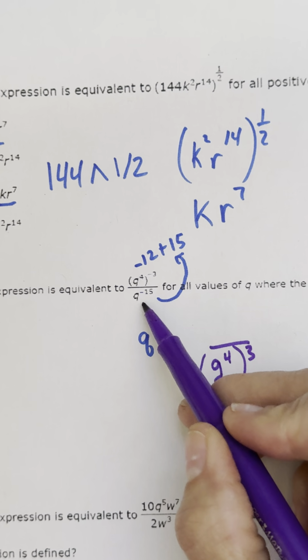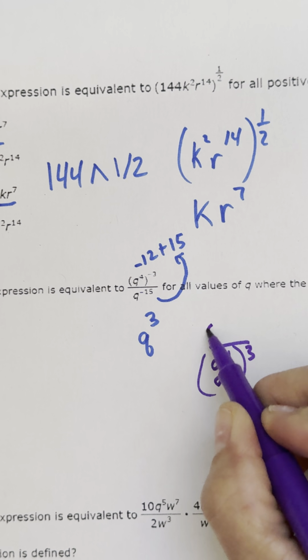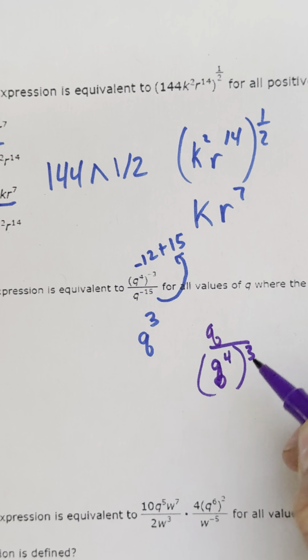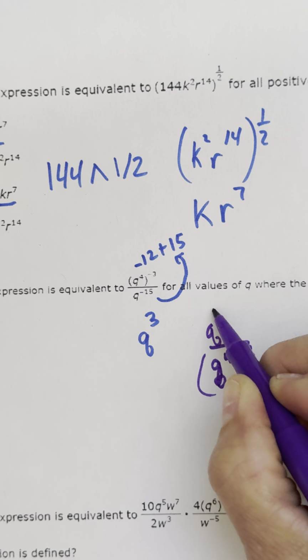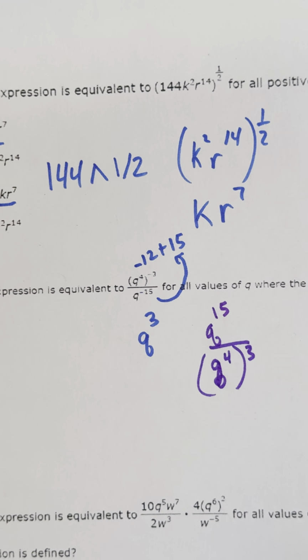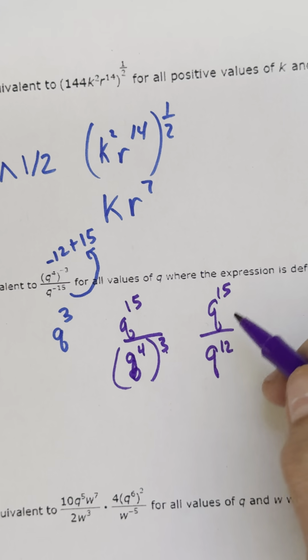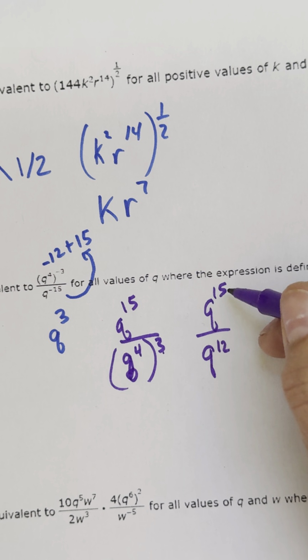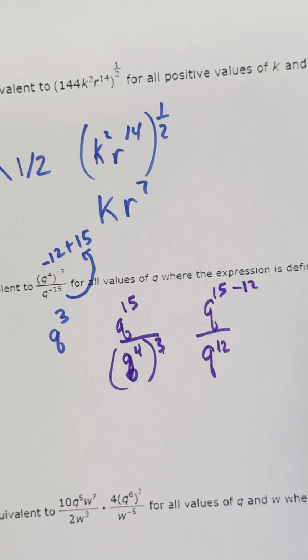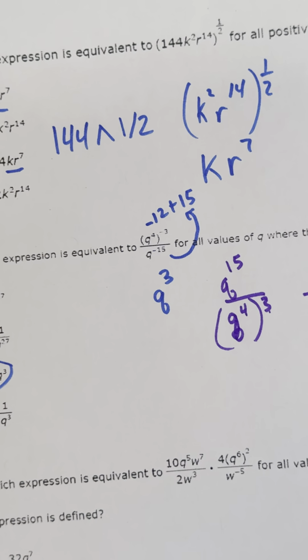And then that q to the negative 15, you can move to the top, to the positive 15. So q to the 15, and then 3 times 4 is 12. And again, when you divide, you subtract. So 15 minus 12 is still 3. So your answer is still q to the 3rd. Just a different way to think about it.